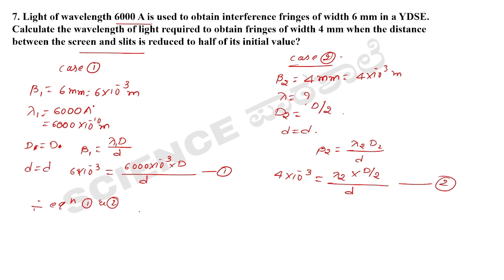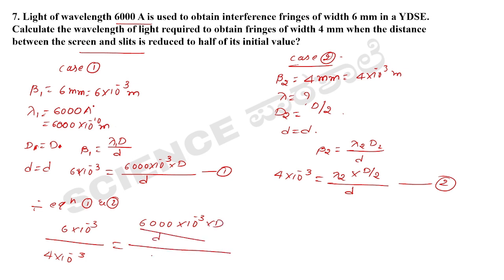So 6 into 10 raised to minus 3 divided by 4 into 10 raised to minus 3 is equal to equation 1, 6000 into 10 raised to minus 10 into D divided by small d, all divided by equation 2, lambda 2 into D by 2 divided by small d.